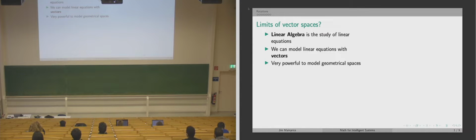We saw that systems of linear equations are nice to find solution sets when we have different kinds of geometrical shapes, such as lines. When we have an intelligent system and we have to model positions in the world, the positions are usually going to define a vector space. Velocities also are a vector space.